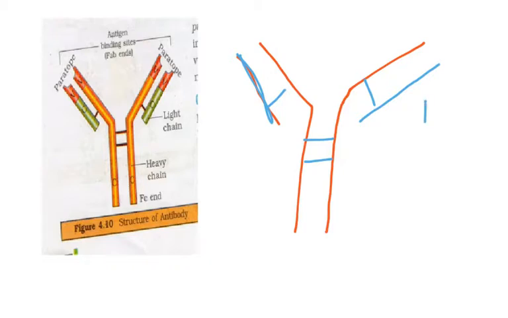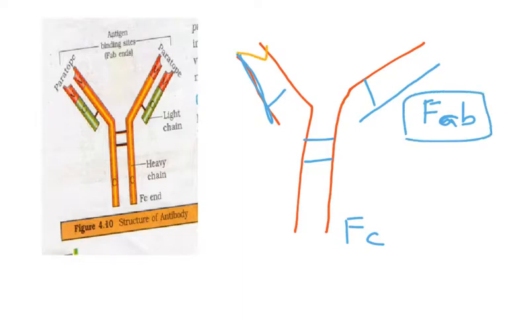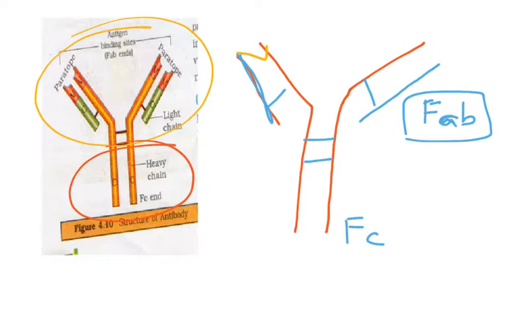So basically there are 2 portions in the antibody: the fragment antigen binding site, we call FAB, and the fragment constant region. This part is the fragment antigen binding site, and this portion is the fragment constant region.